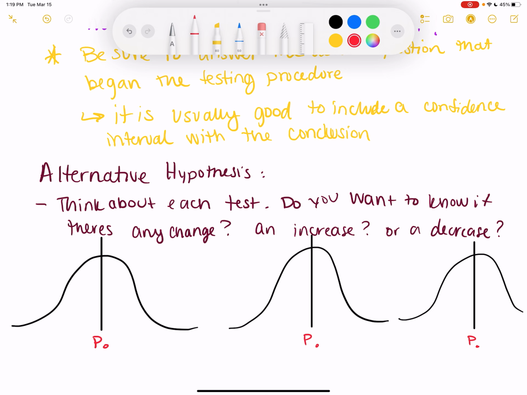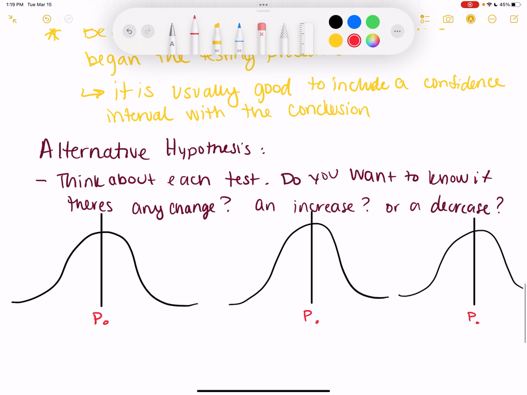P0. Alright, so the first one we're going to do for the alternative is that P is not equal to P0. The second one is going to be P is greater than P0. Third one is going to be P is less than P0.